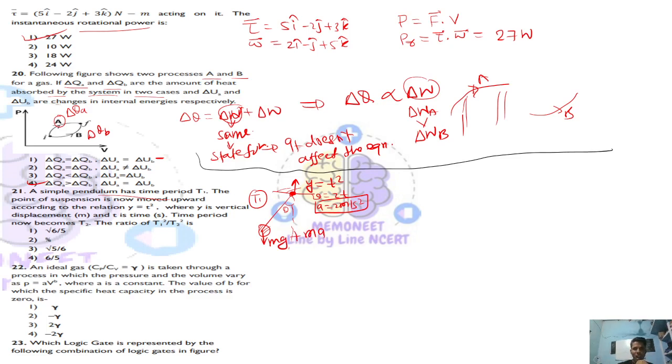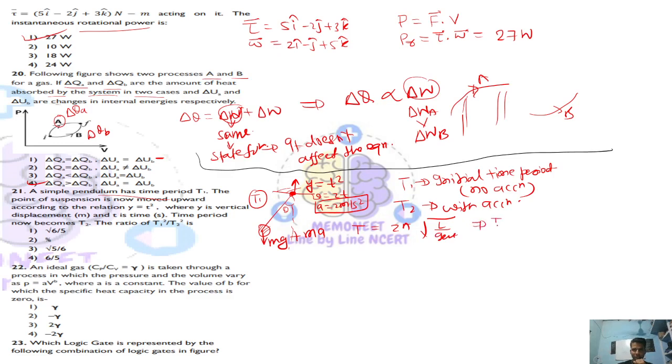The initial time period means no acceleration, and T2 is with acceleration. It's simple. You know that the time period of the pendulum is 2 pi root under L by g effective.